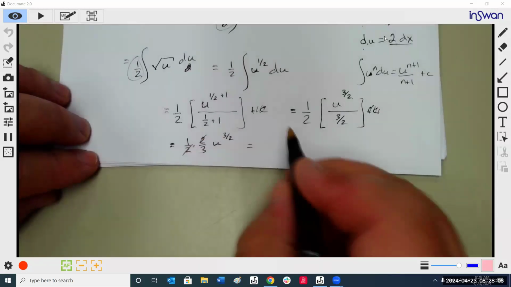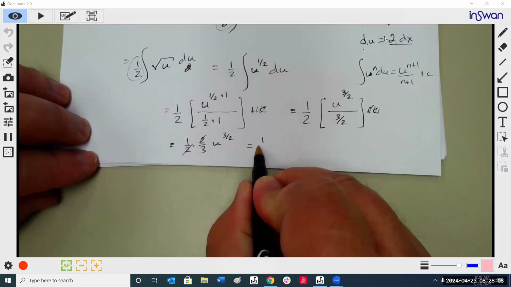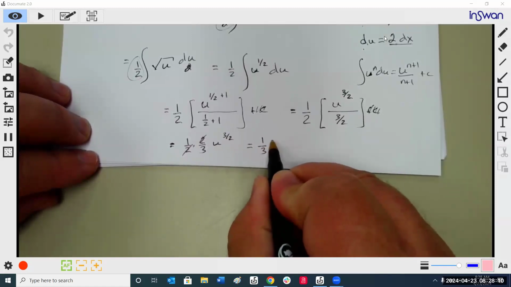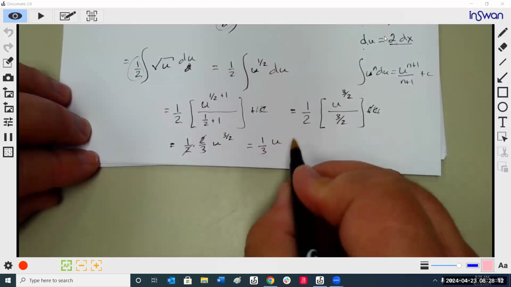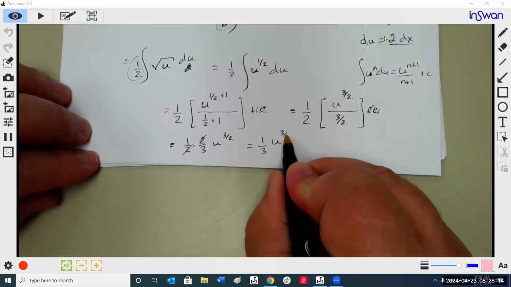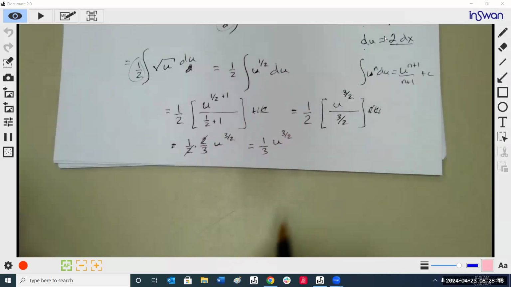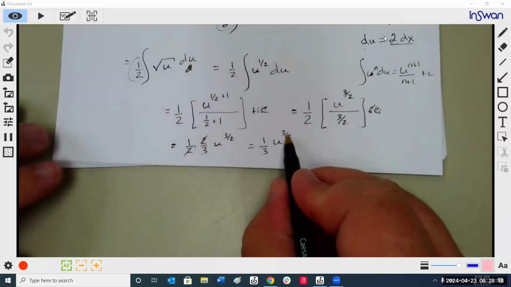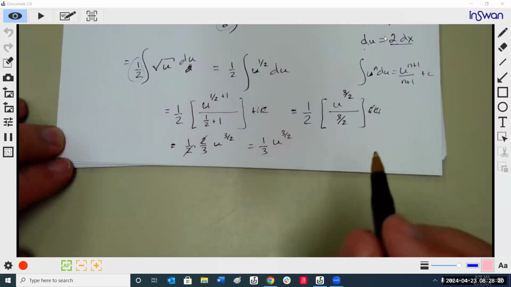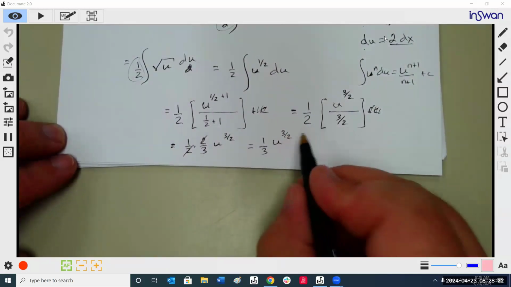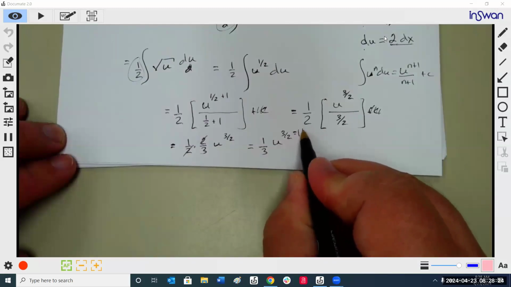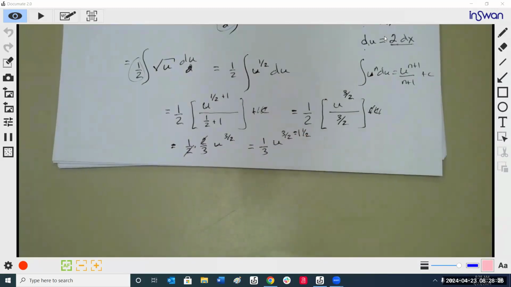The 2's cancel, so we have 1 over 3 u to the 3/2. 3 over 2 is an improper fraction, 1 and 1/2.